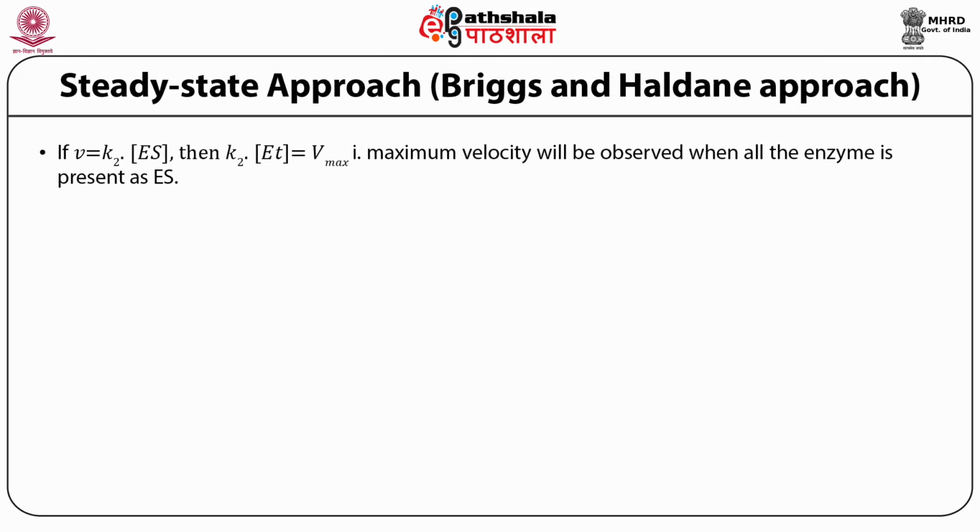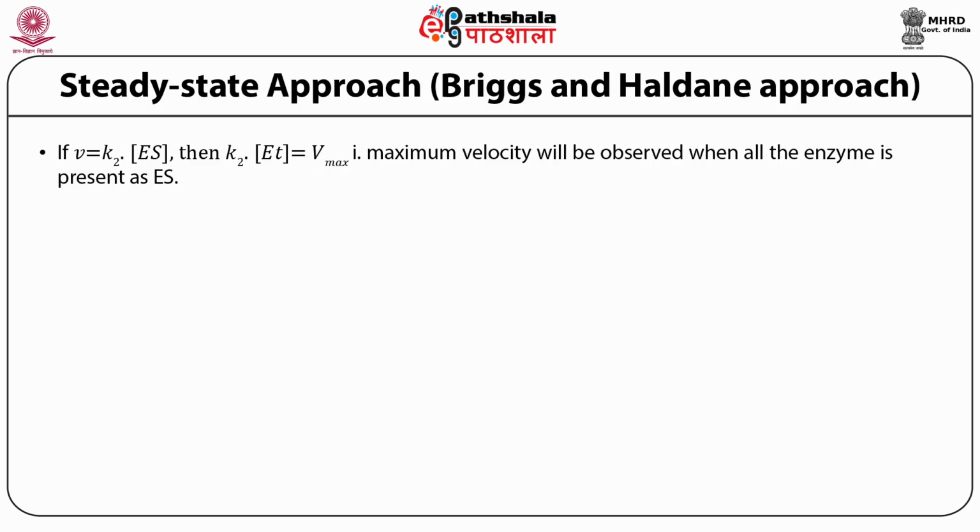We know that Vmax is the maximum velocity, and it comes when all the free enzyme exists in the form of ES complex. So V is equal to K2 into ES can be replaced with Vmax equal to K2 into ET.